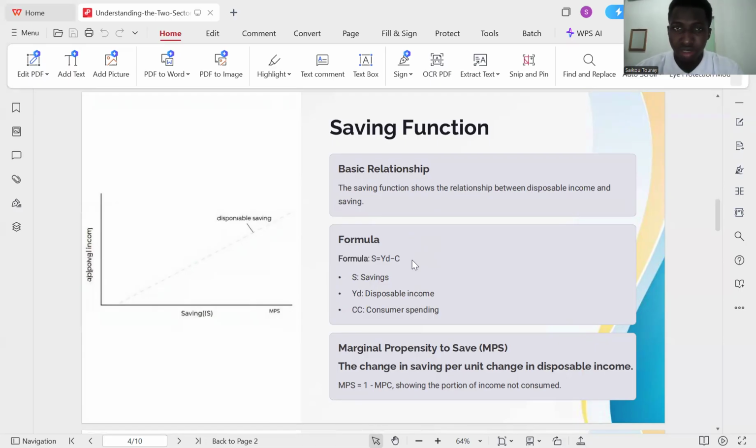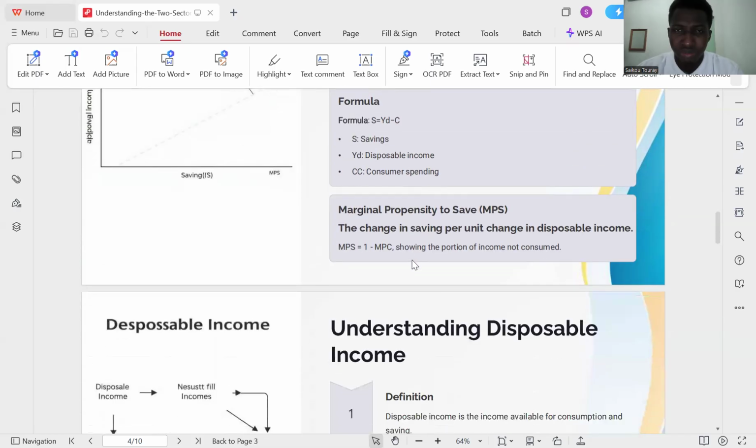But if you have less disposable income, at the end of the day you won't be able to save part of the income that you receive. Here we have the formula: S equals YD minus C, where S represents saving, YD is the disposable income, and C is the consumption spending.